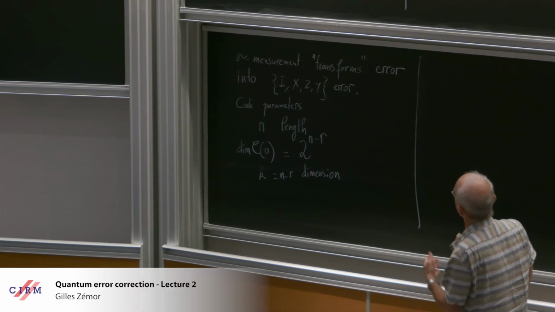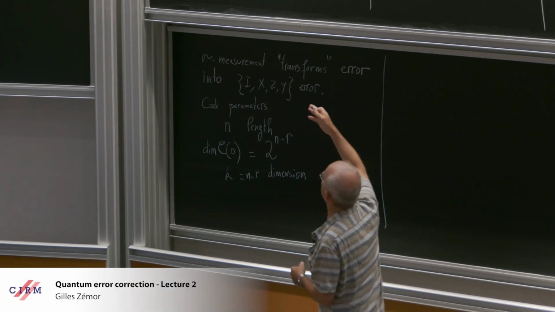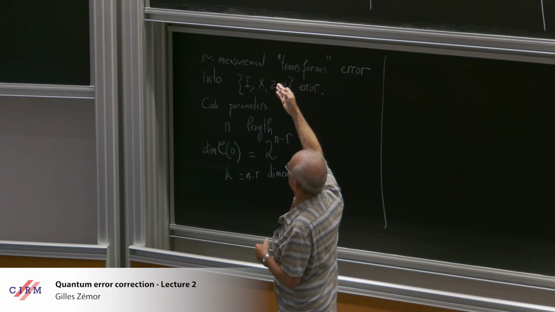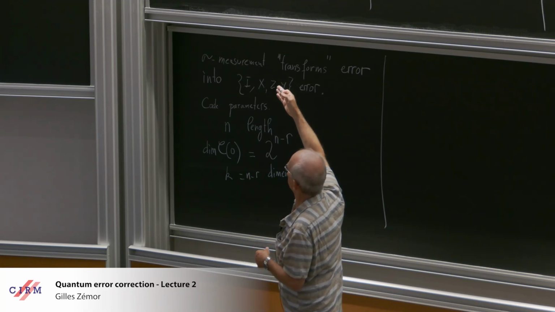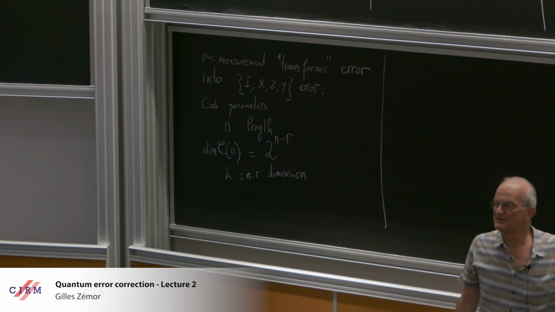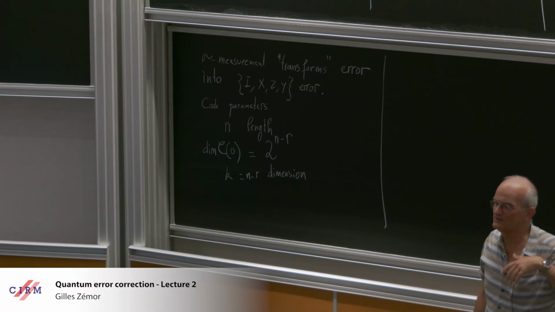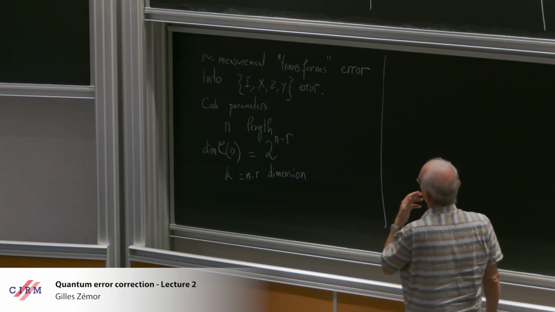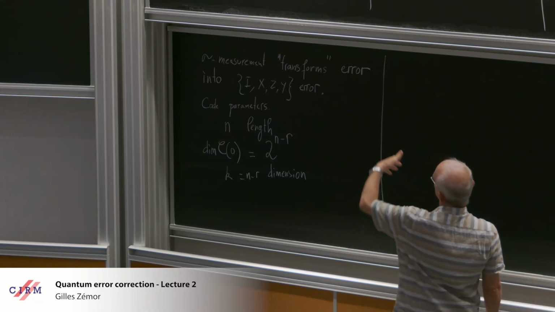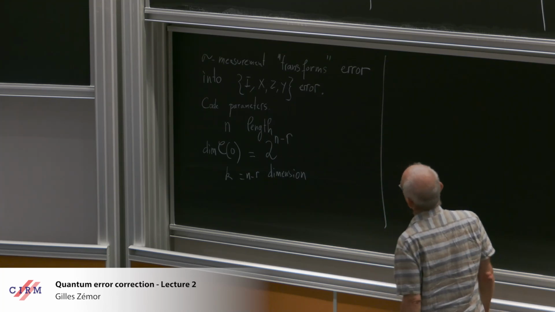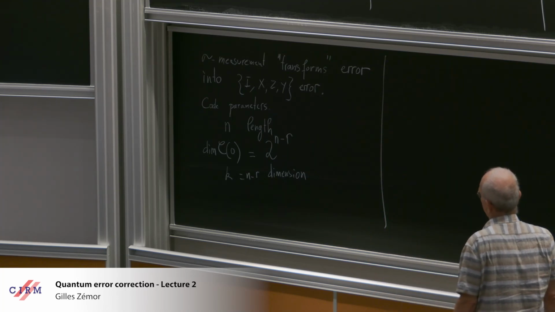Which kind of corresponds to the classical case. Typically in the classical case, you have r parity checks for your classical code, and the dimension of the code is n length minus the redundancy r. I'm calling it r because redundancy. n minus r is the dimension if you put linearly independent rows in your parity check matrix.